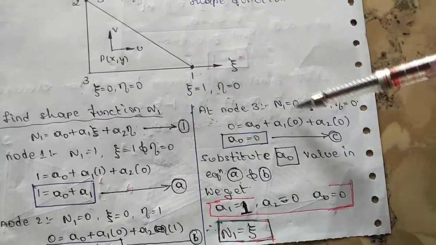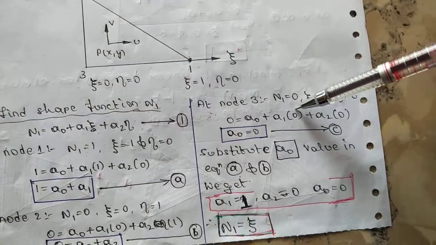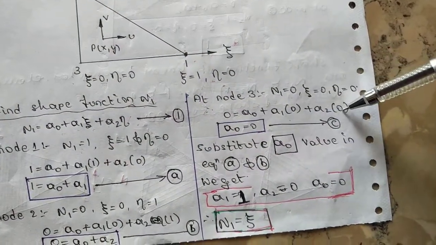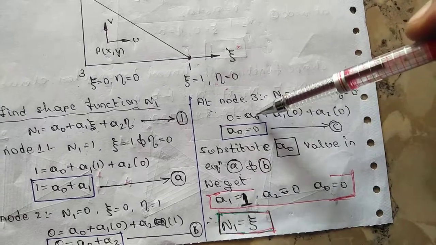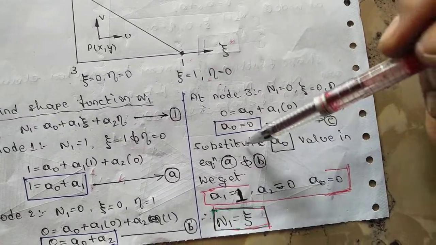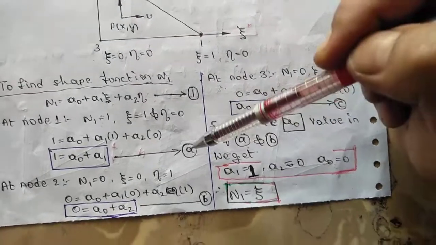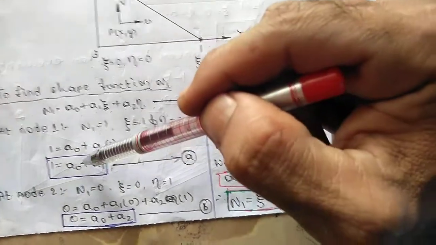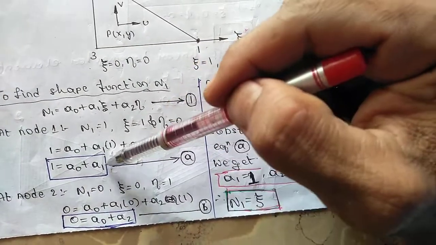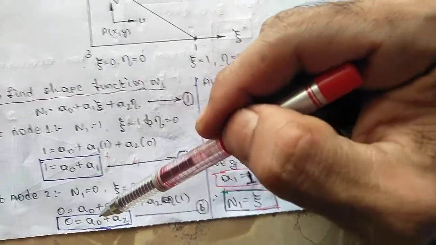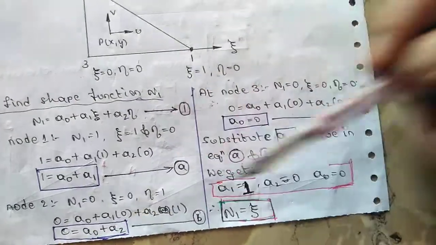Next at node 3, xi is 0, eta is 0. So a0 will be 0 after substitution. Substituting the a0 value into equations A and B, when it is 0, then a1 will be 1. When here it is 0, then a2 will be 0.